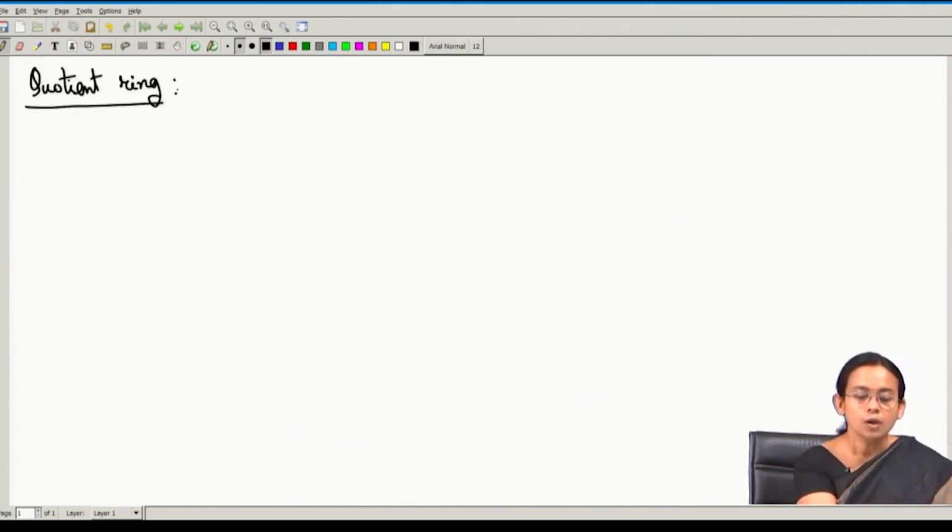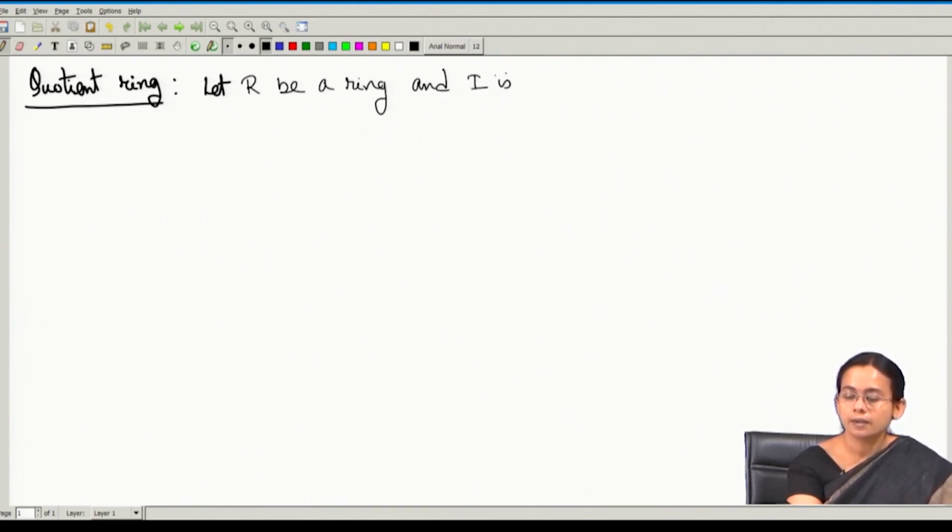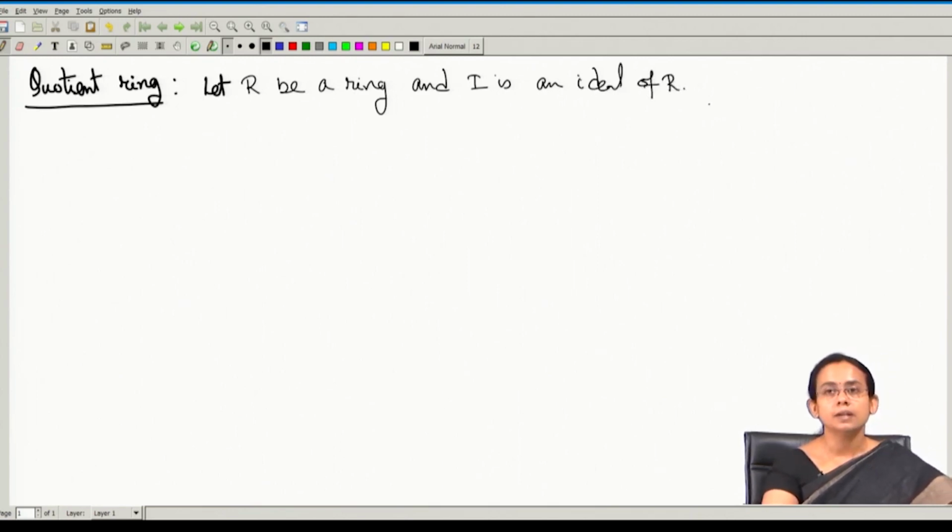Let us start with an arbitrary ring R, and let I be an ideal of R. Since it is an ideal, it is already a subgroup with respect to addition, and I know that R has a group structure with respect to addition.